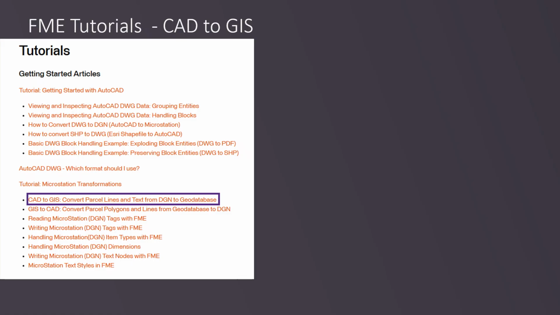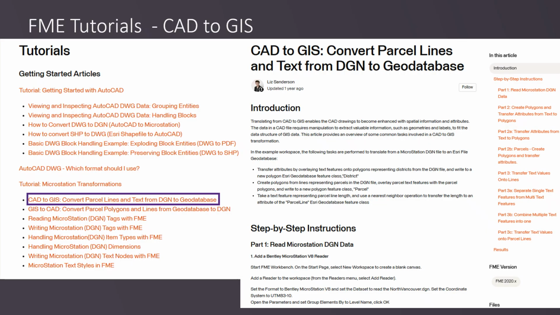So if I click on that, I get taken to here, and there's a step-by-step instruction guide on how to do the tutorial, and it's also broken up into parts, which makes it a lot easier to navigate the tutorial. And it'll give you the key information like which version to use and provide all the data for you to download. So everything's there for you to be resourceful and get going.